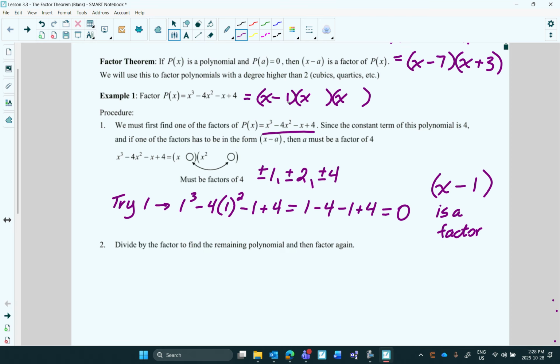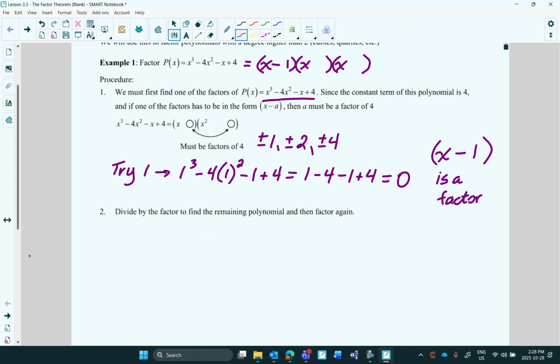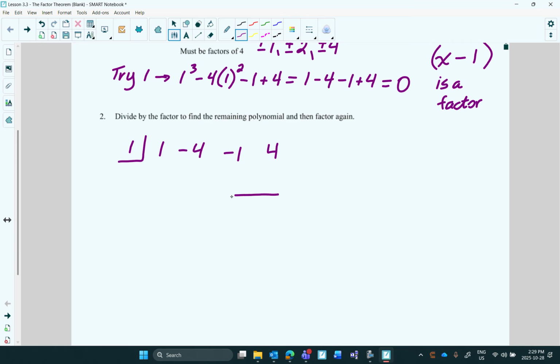Now I got to find the other two. And how I do that is I take this original and divide by the factor I just found. So divide this by x minus 1, which means a is 1, and we use synthetic division. 1, negative 4, negative 1, 4. Drop the first number and then do what?